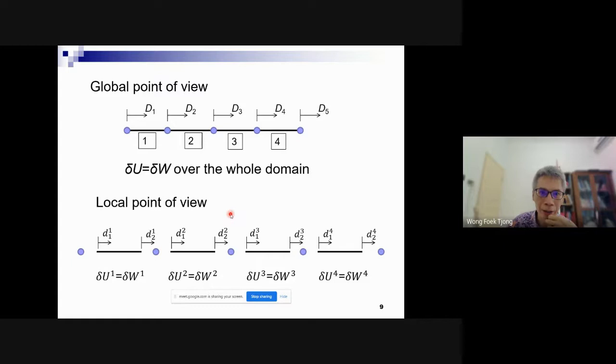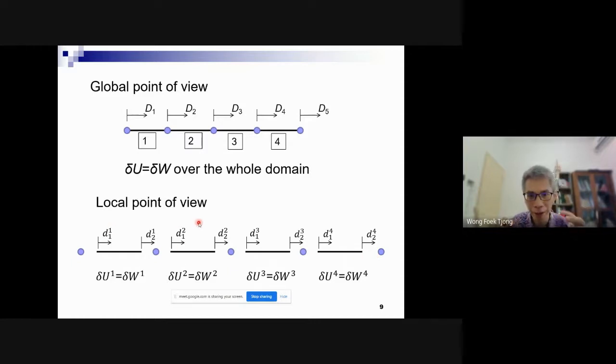So again, in formulating the finite element, we can use the global point of view, the whole, and then write the delta U and delta W as the summation of the element contributions. Or we can look from the local point of view, for each element 1, 2, 3, and so on. And in this course, I'm going to use the local point of view.